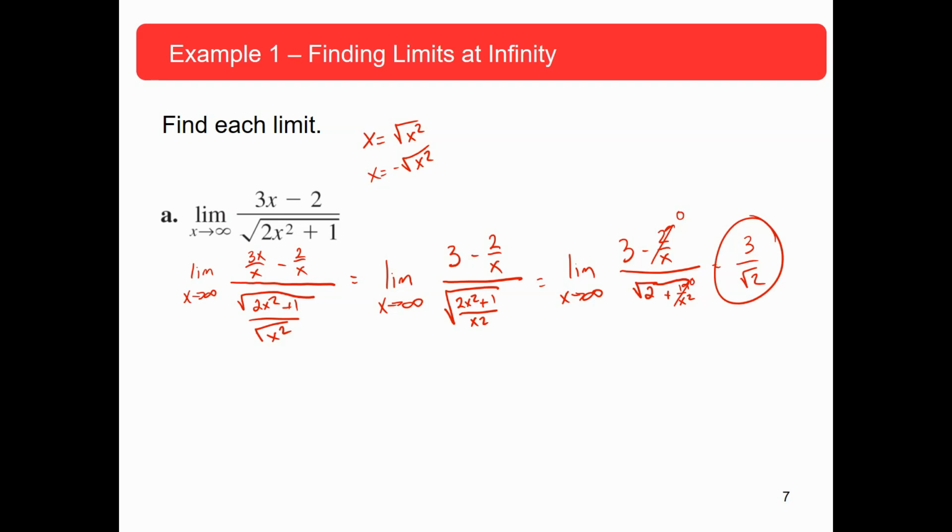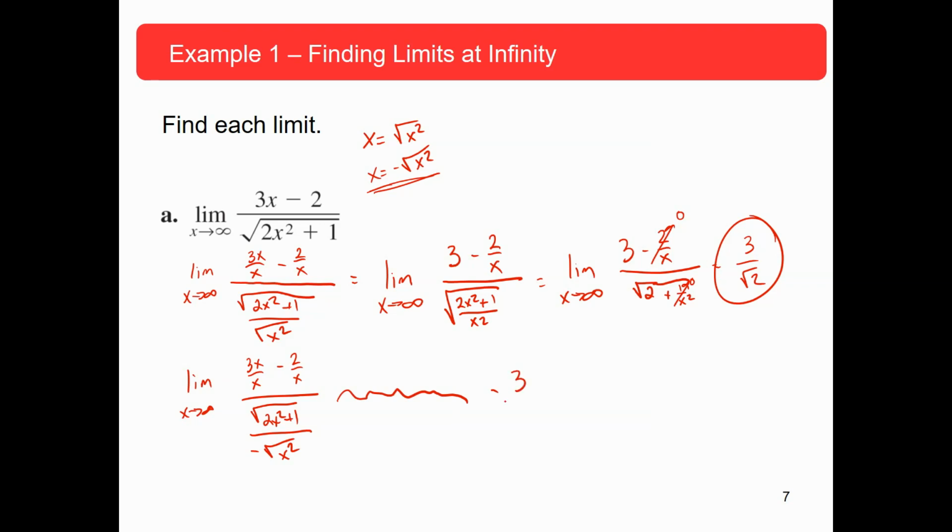If we wanted to know about the limit as x approaches negative infinity, we would need to use negative square root of x squared. So this is going to give us the limit of 3x over x minus 2 over x divided by the square root of 2x squared plus 1 over negative square root of x squared. The only thing different here is that minus sign, so it's going to work out exactly the same.